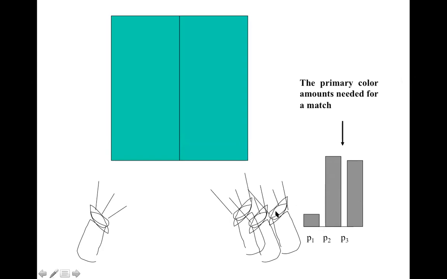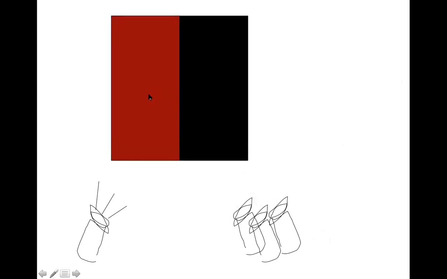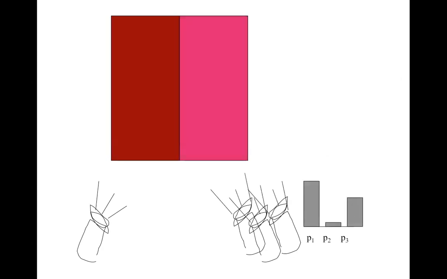Now, in the next experiment, we have some reddish color on the left, and we start with some magenta color, so it's a mix of basically red P1 and blue P3. Now we decrease the green and increase the blue, and we only obtain some reddish color, which approaches to some degree the color that we want to match.